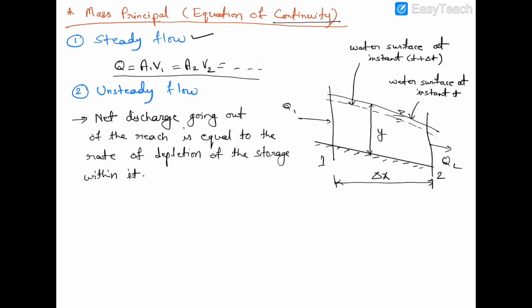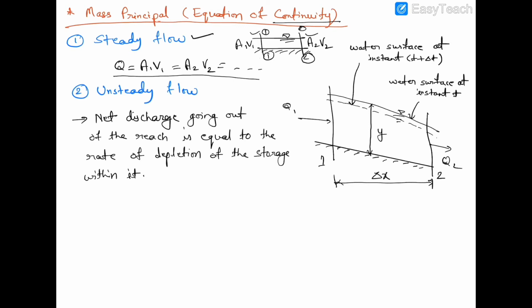That is very well known to us. At any section in open channel flow, the discharge remains constant. Suppose this is section 1-1, this is section 2-2. So here A1 V1 is equal to A2 V2. Clear?